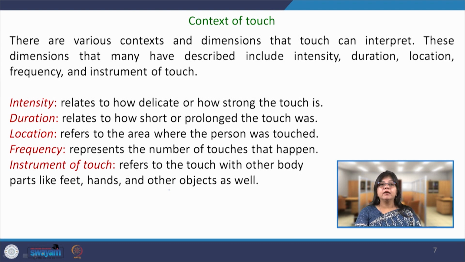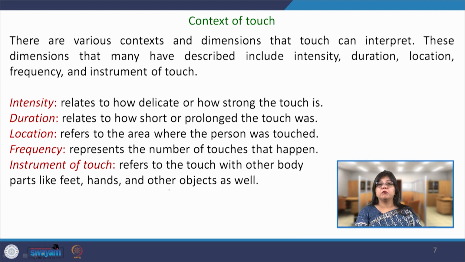So, intensity relates to how delicate or strong the touch is, for example, the handshake. Duration relates to how short or prolonged the touch was, that you are shaking hand with the other person for just touch and go back, or continuously maybe for 2 seconds, or you are patting the back of your colleague for maybe 2 seconds or more than 2 seconds. So, this is intensity and duration.